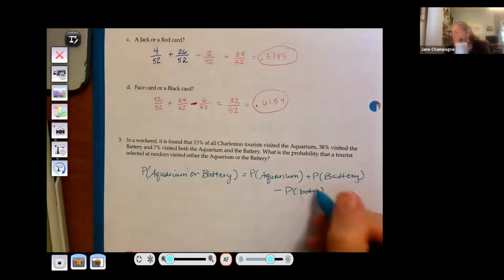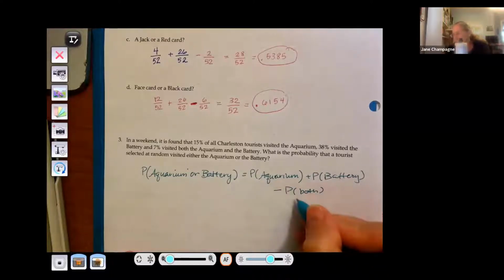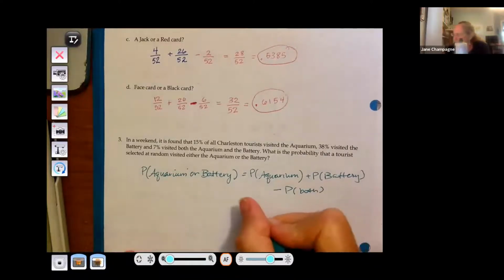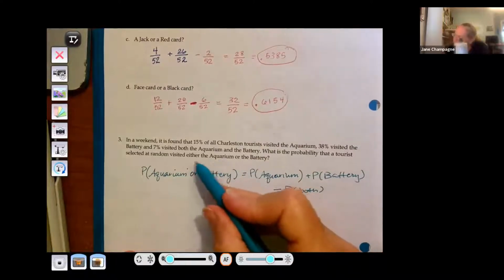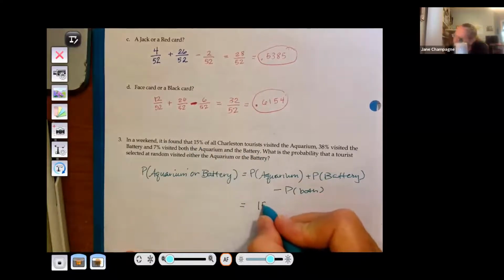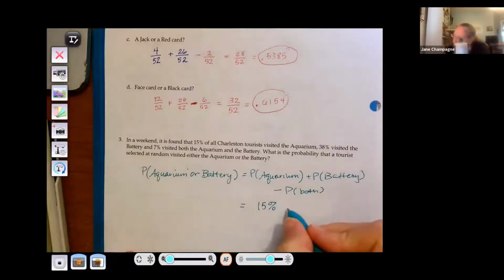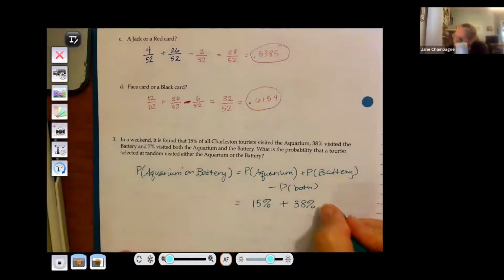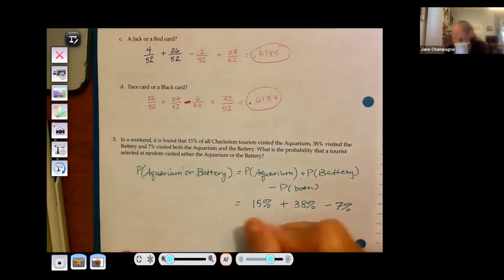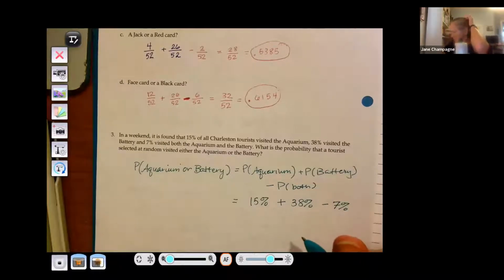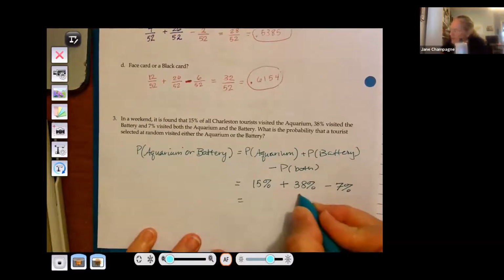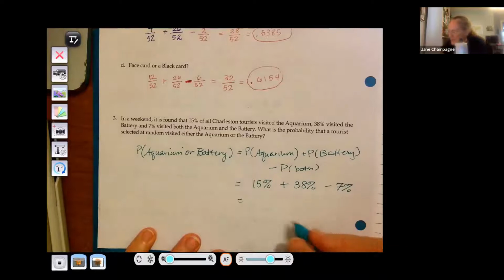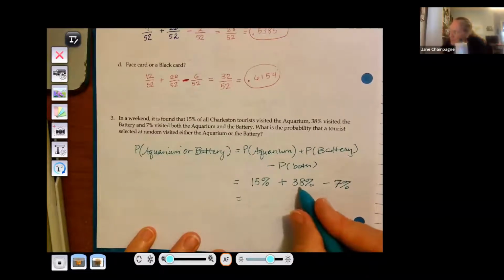Because that percent that went to both is included in the ones that went to each separately. So that 15% is the aquarium, and 38% is the battery, and 7% is the both. Normally we would use percent as decimal, and we certainly can. It turns out when you're adding and subtracting, it doesn't matter. 0.15 plus 0.38 minus 0.07 is 0.46.